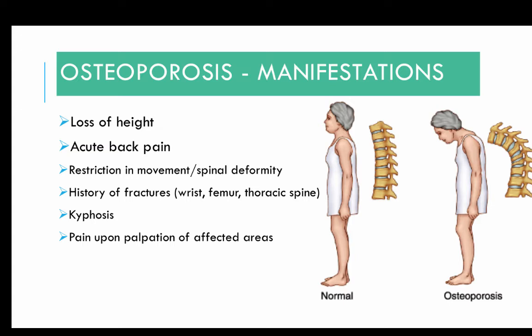If you look at the woman there on the far right, she's got kyphosis, and if you look very closely at the vertebrae, you'll see that they're small, and those are very small compression fractures. And then also pain when you palpate the area where it's affected. Like if you palpated the thoracic spine in this lady here in this picture, it would be painful to the touch.